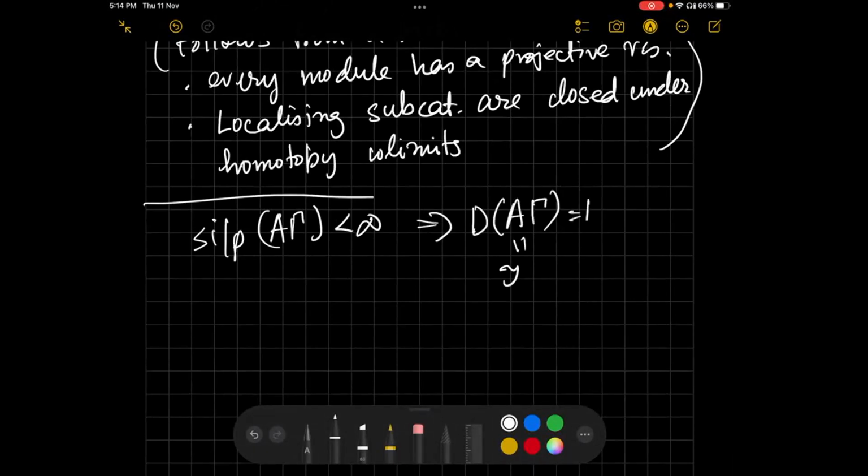This is T, then log T. But how can we relate this to the finitistic dimension? And this is where, remember, we bring in our old class LHFIA.